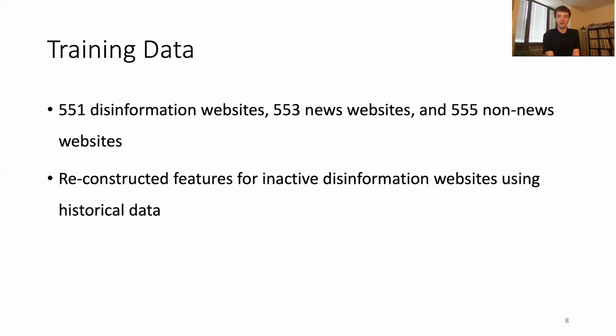We originally had a data set of about 768 disinformation websites, but we found that many of them were actually inactive and no longer serving content. Fortunately, we were able to reconstruct the features from many of these inactive websites, which is how we resulted in 551 disinformation websites in total. We were able to get these features using historical data from sources like the Internet Archive.